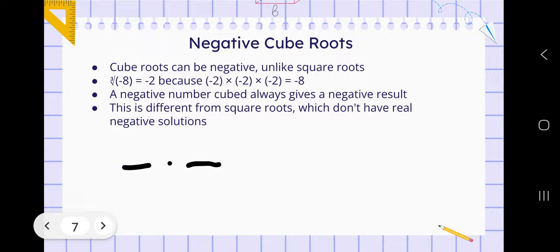Negative times negative equals positive. Positive times negative is negative. Negative times positive is negative.